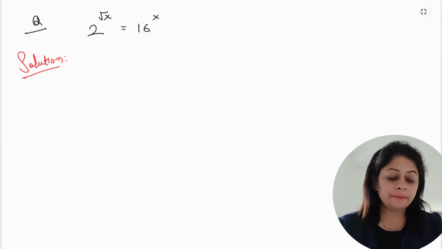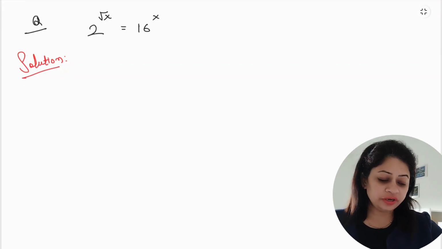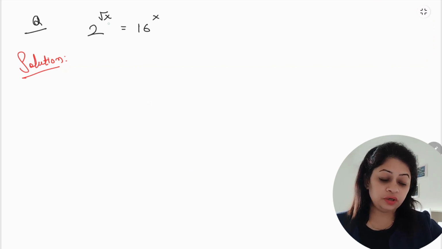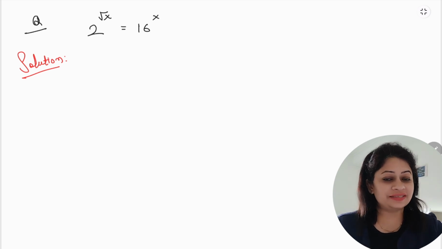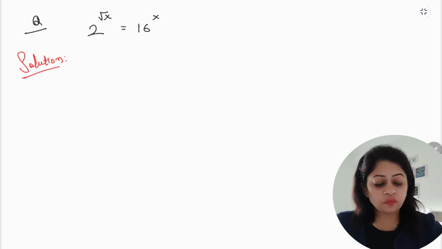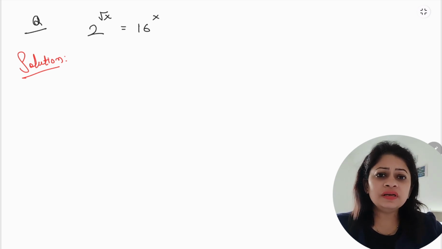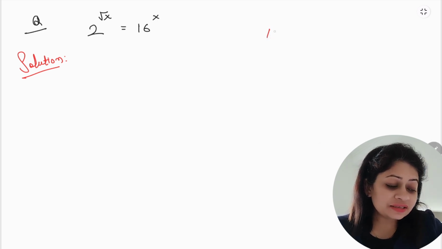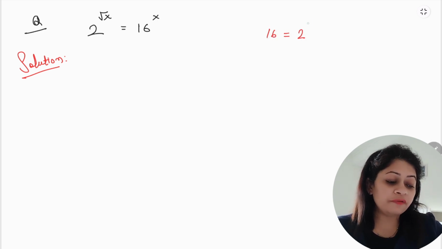I'm Upasana Taneja. So now we have a question today: 2 raised to power under root of x is equal to 16 raised to power of x, right? Whenever we see this, we should observe it. We know that 16 is 2 raised to power 4, right?